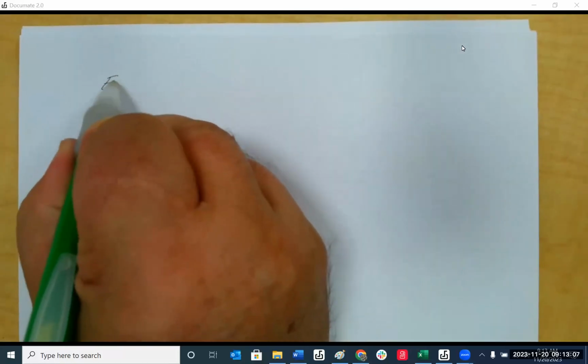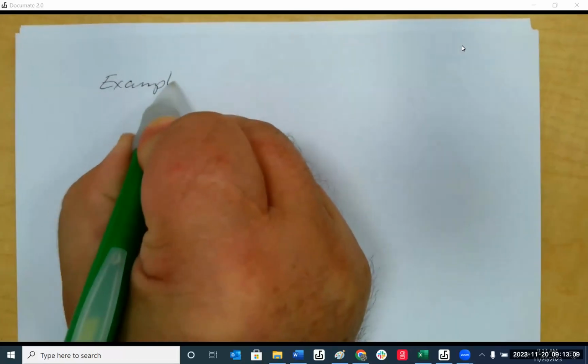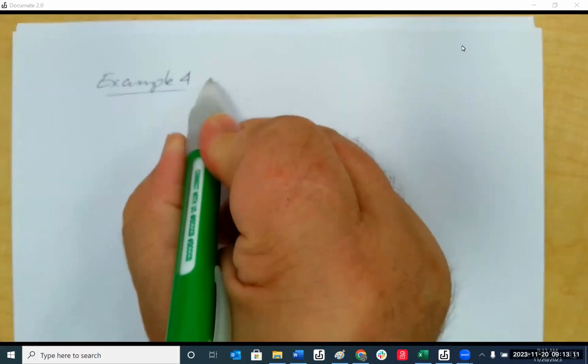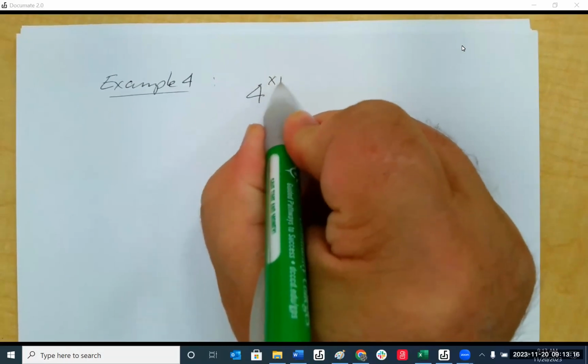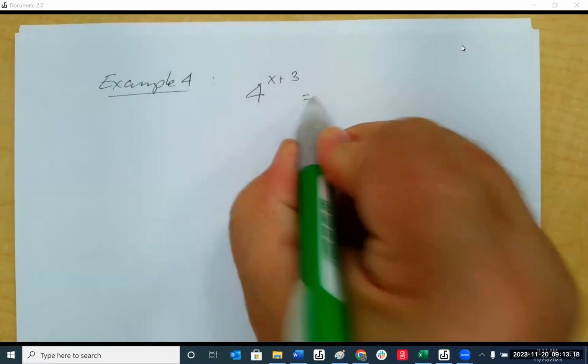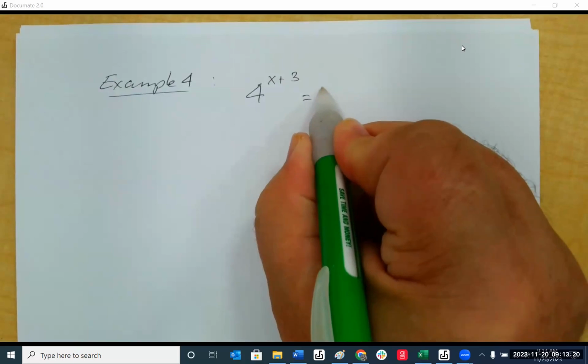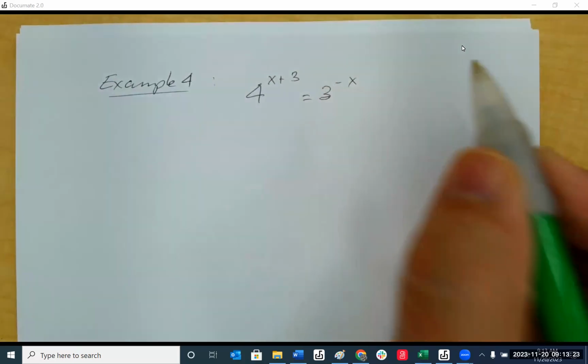Example 4. Solve 4 to the x plus 3 equals 3 to the power negative x.